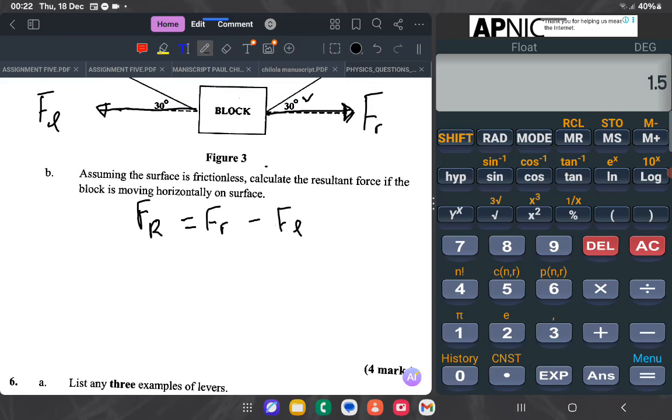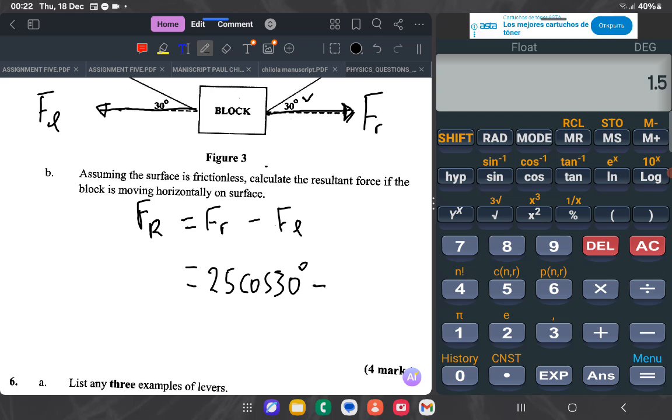So in this case, we shall have 25 newtons multiplied by cos of 30 degrees minus 20 newtons multiplied by cos of 30 degrees again. So the rest now is mathematics.